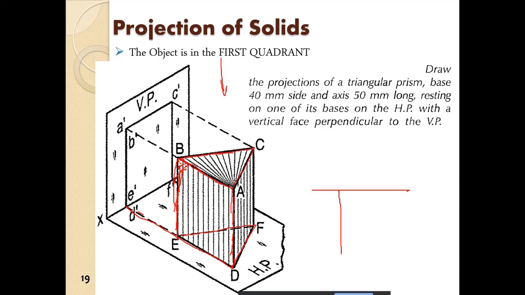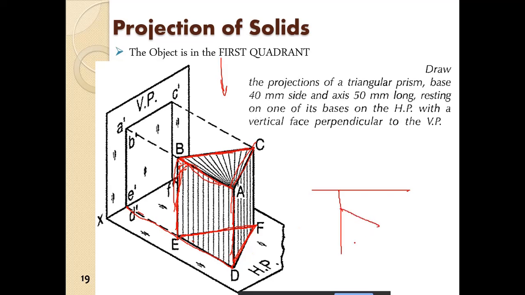Remember that, not this face. We are not drawing the projection of this face, we are drawing the projection of this top face, because from the top we will only see BCA, not EFD.